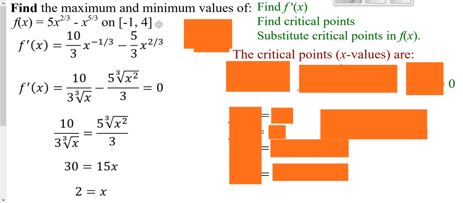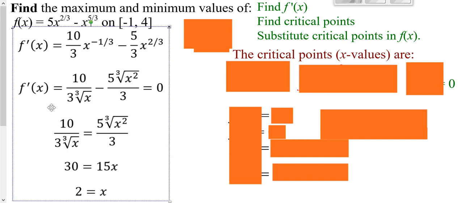Now, remember, our critical points are the endpoints, where your derivative is 0, which we just figured out down here, or where your derivative is undefined. Well, looking here, we have this in the bottom of our derivative. So what would cause this to be 0? Well, that would be 0.